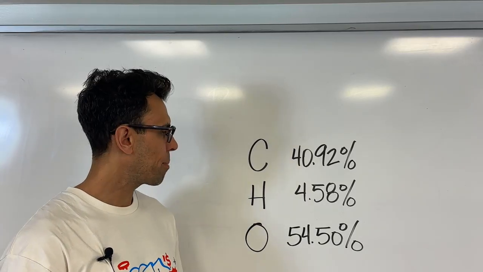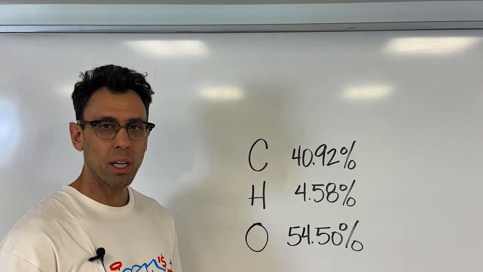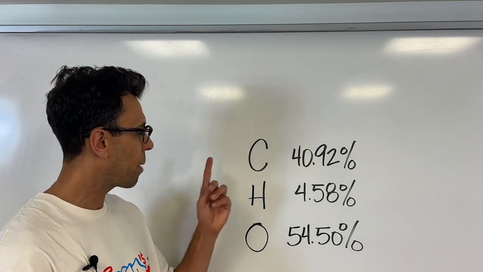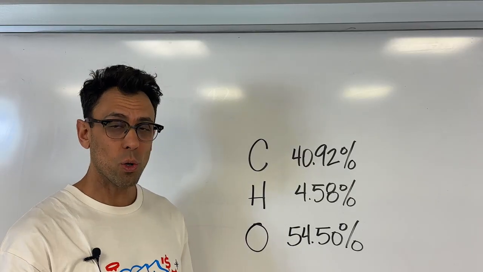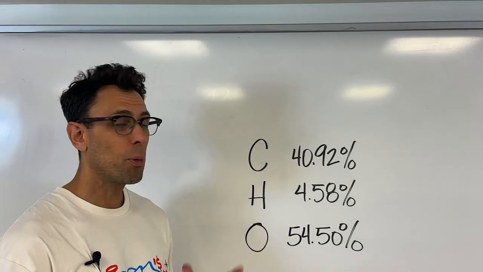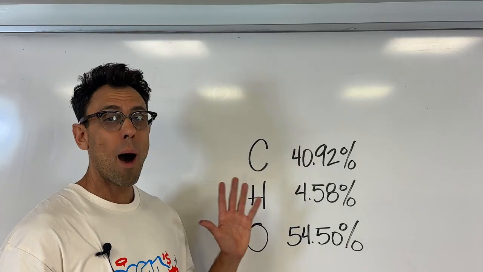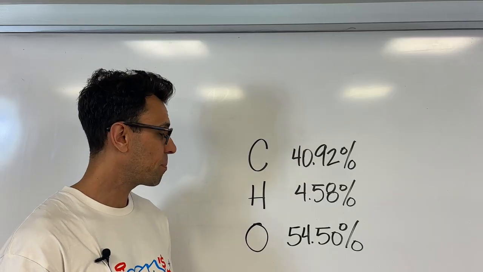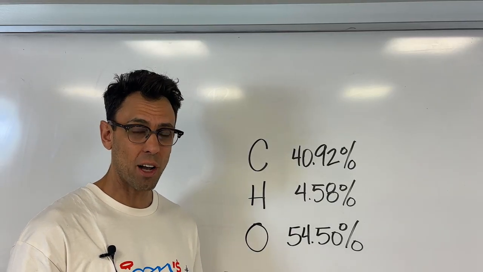Let's use this example. Imagine we have an unknown substance, and we use a computer to figure out that it's made up of carbon, hydrogen, and oxygen. But we also learn the percent composition. That 40.92% of this unknown compound is carbon, about 4.5% is hydrogen, and the remaining piece, 54.5%, is oxygen.